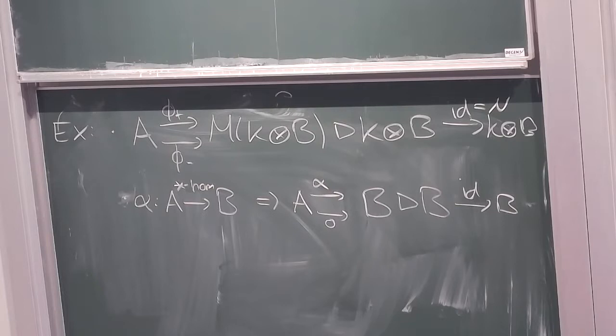So first, assuming B is trivially graded, we can write it like this. And when A is also trivially graded, we only have the degree 0 part, so these two are just 0 here. So this is just phi plus and this is phi minus. You can also call them phi 0,0 and phi 1,1.